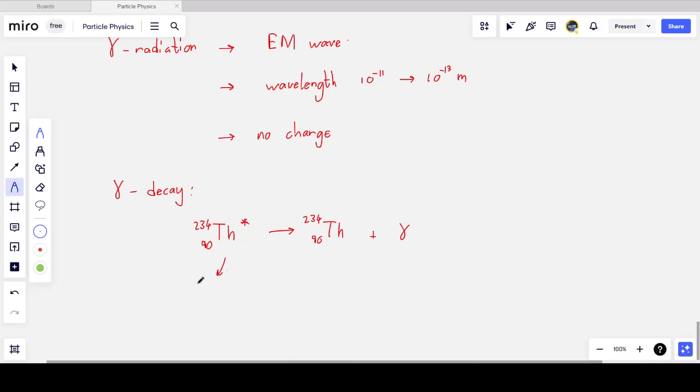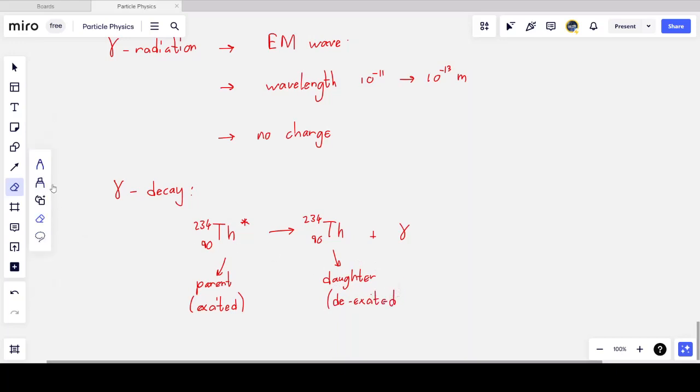So the star tells us that our parent nuclide in this case is excited, and our daughter nuclide, which is exactly the same atom, now actually has less energy. So we can say this is de-excited, meaning it's in a state that has less energy.